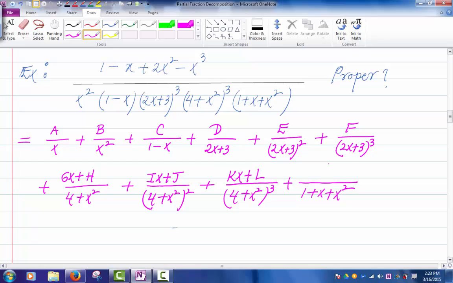There will be only one fraction contributed by that in the decomposition, and in the numerator I'm again going to have a linear, mx plus n.